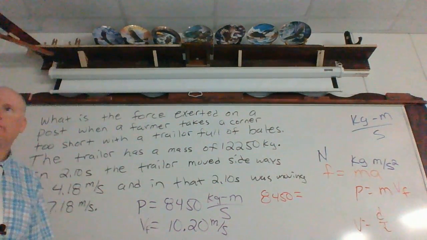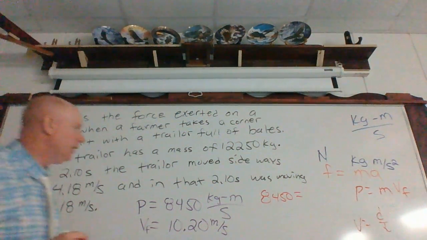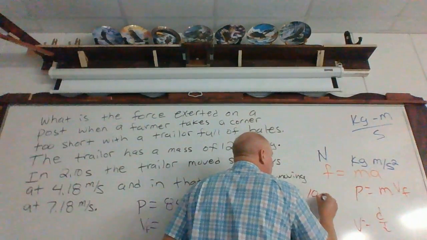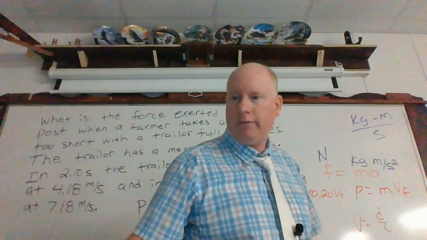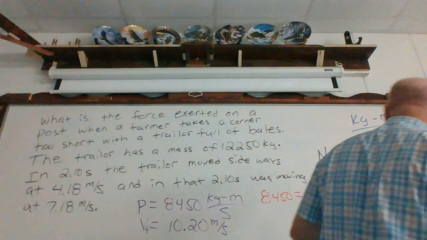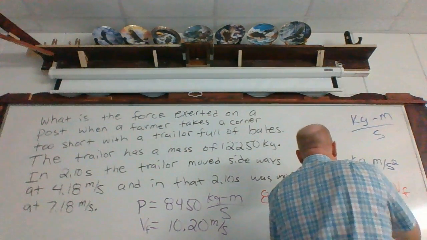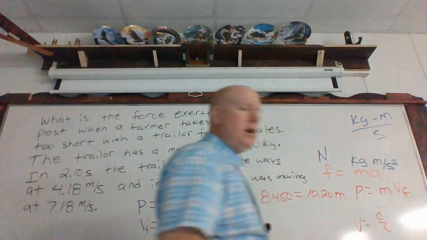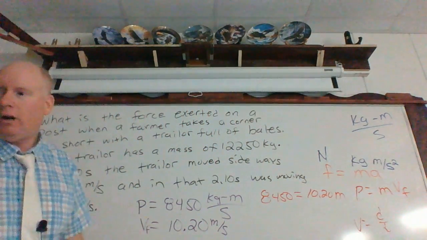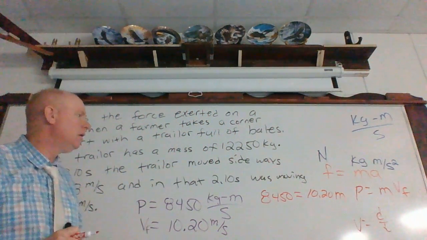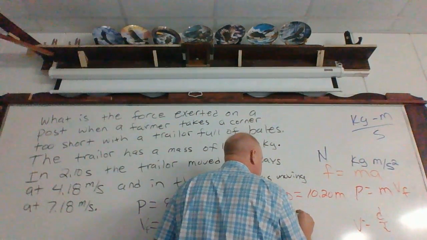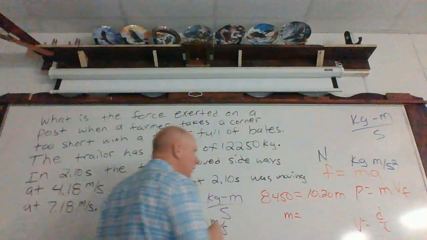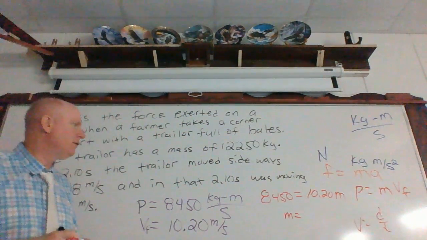Yeah, mass times 10.20, vf, not vi. Okay? So with that, how do we get that variable all by itself? Okay, divide by 10.20.